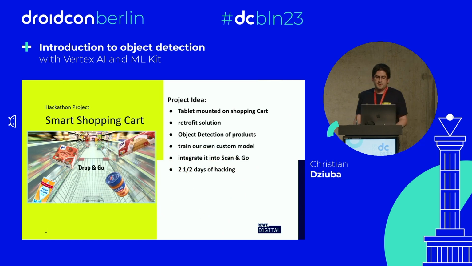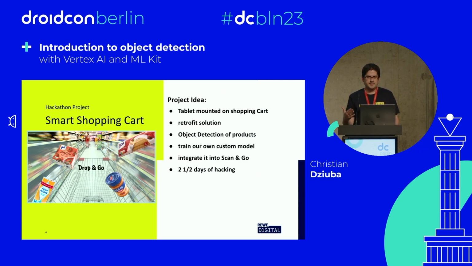Our hackathon project idea was to build a smart shopping cart. I'm working on Scan and Go, where the customer has to scan barcodes on the products and put them in the basket. But we try to avoid scanning the barcodes, so the user doesn't need to scan; they just drop the product into the shopping cart.